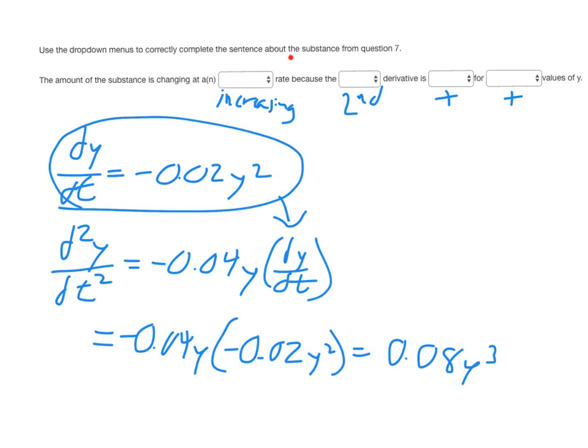Did you read this first part? It's changing at an increasing rate. Right away that tells me second derivative, and changing at a blank rate, either increasing or decreasing. That's second derivative that I'm talking about. Then did you take the second derivative correctly? Make sure you have this correct second derivative here. And then that should allow you to fill this in correctly.